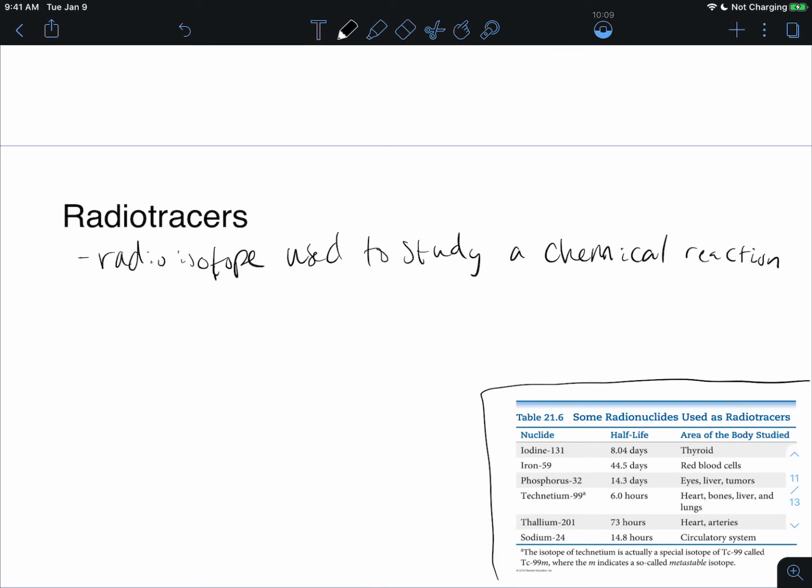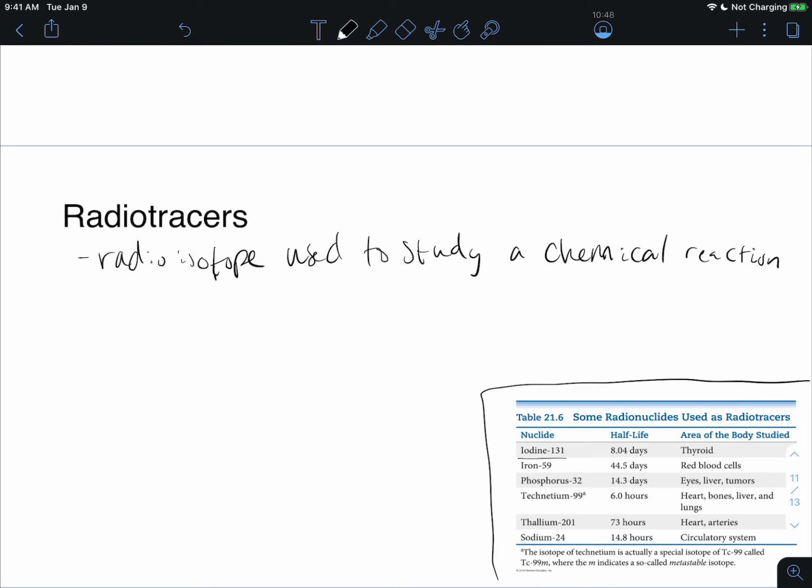And generally what they're used for is within the medical field, and it's to look at a function of something. So you can actually use these radioisotopes to image specific areas within the body to see if things are working correctly. So for instance, if there's some sort of thyroid issue, they can use iodine-131, which is taken up by the body just like regular iodine, but it can actually visualize the thyroid once it's absorbed by the body. So these are going to be used to diagnose issues within medicine.